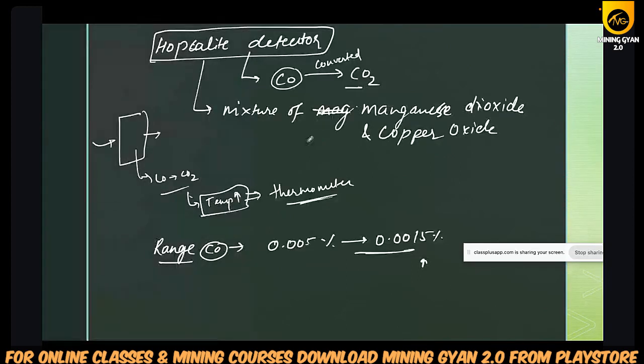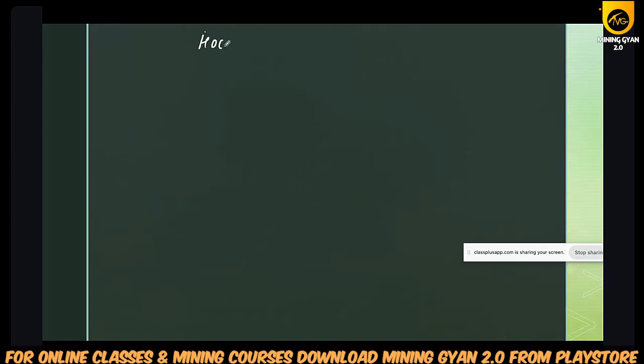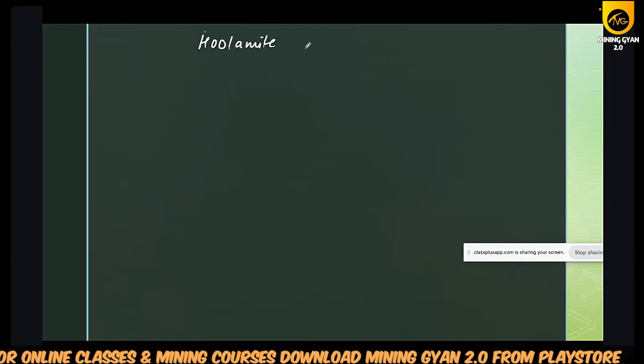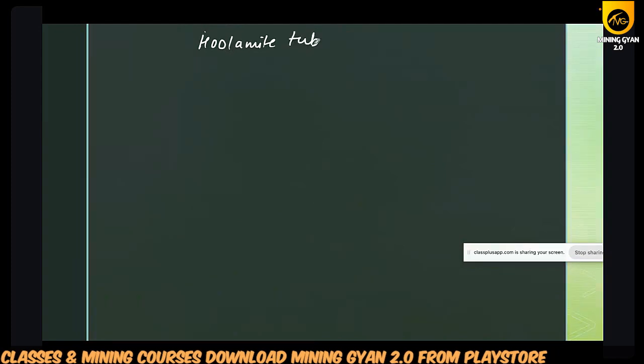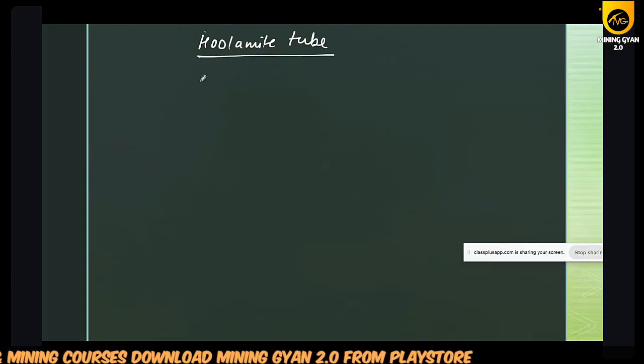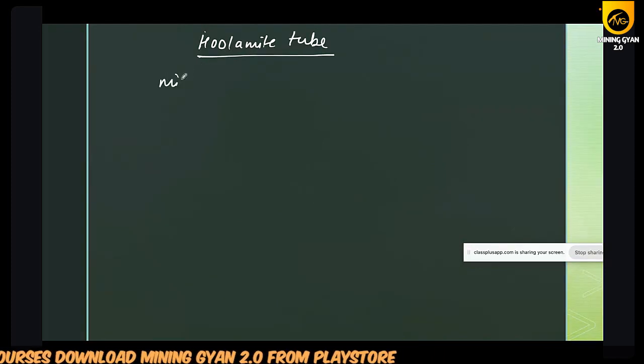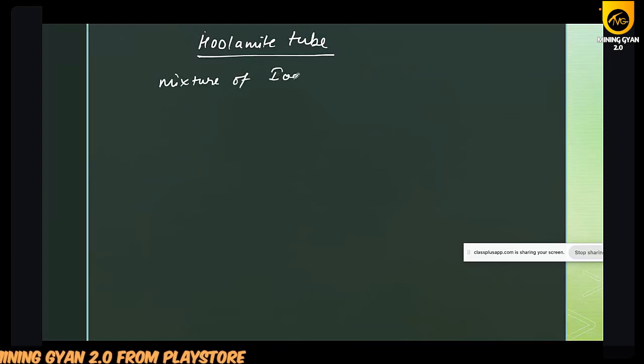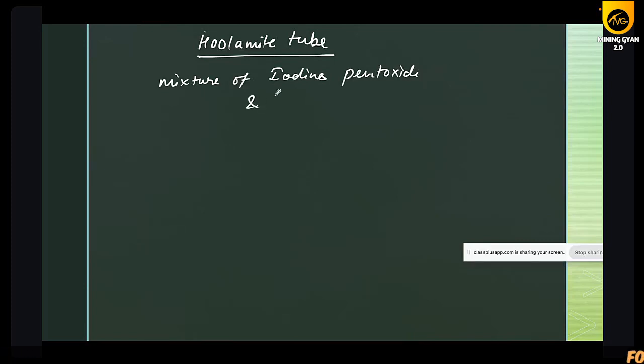Third was the Hoolamite tube. In this we use a mixture of iodine pentoxide and sulfuric acid.